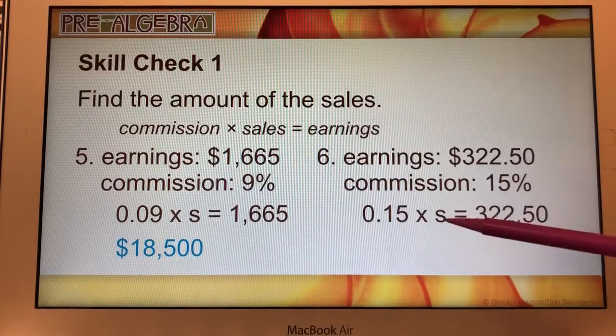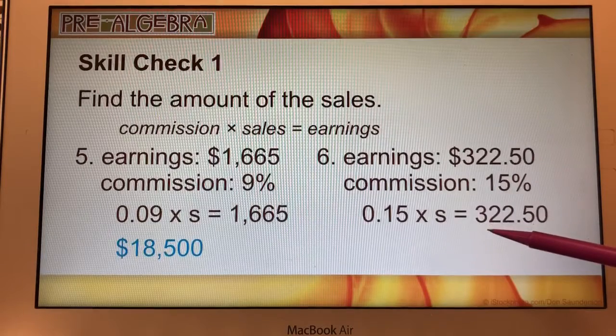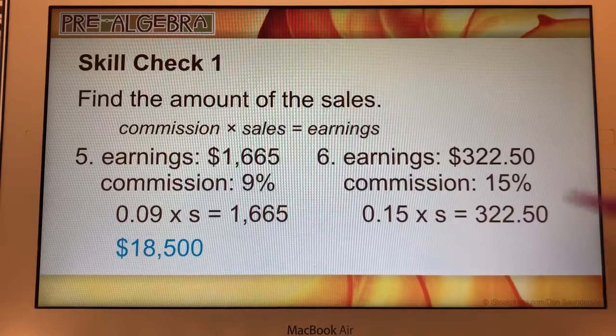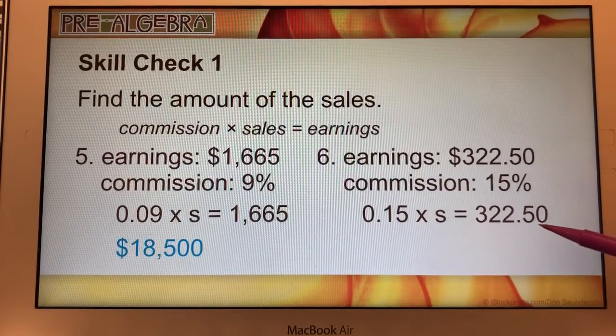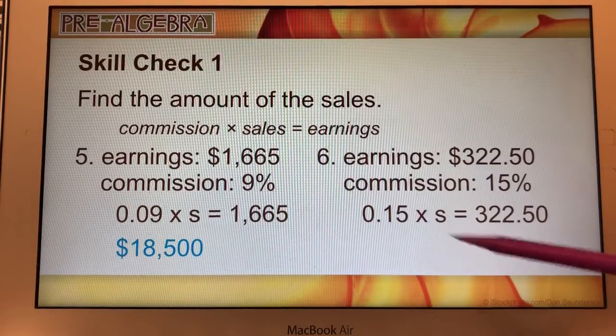You multiply that by the amount of sales, which is what we're trying to find, and that's going to equal the earnings, 322.50. I would leave the 0.50 right here because you're going to need that when you divide by 0.15.